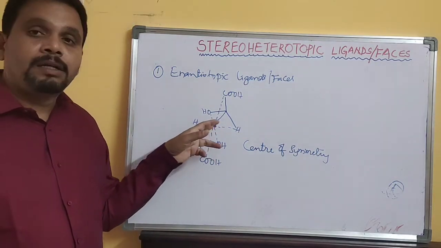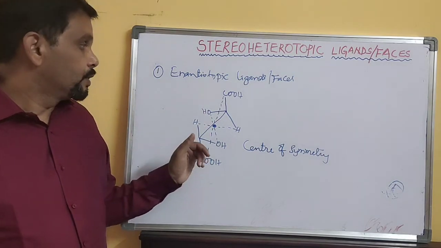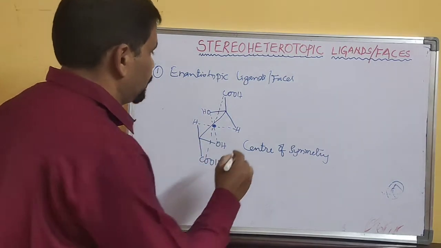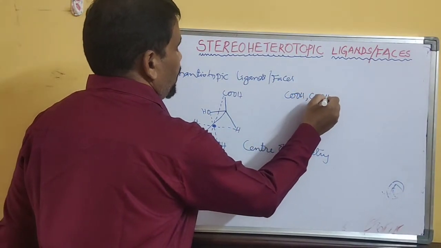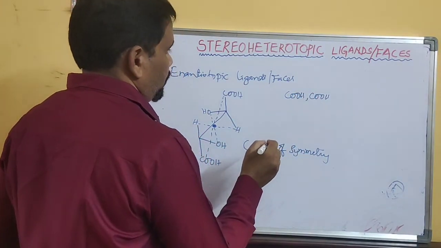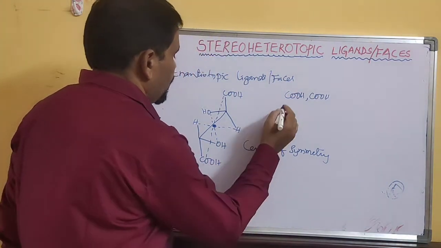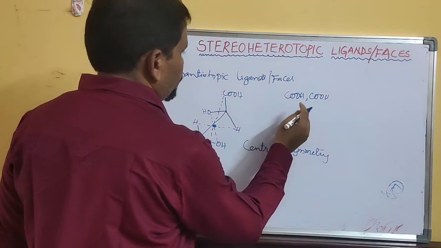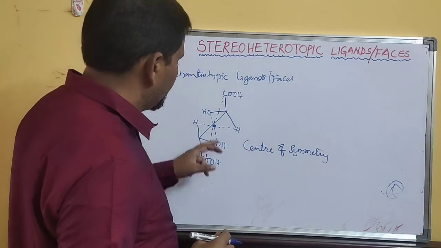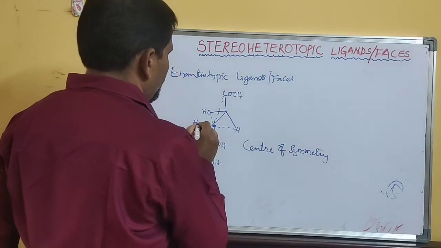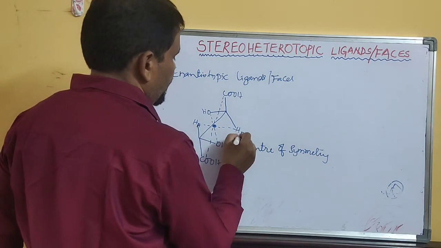So here there is a center of symmetry, so all the COOH groups and hydroxyl groups and hydrogens, suppose I label them as HA and HB.